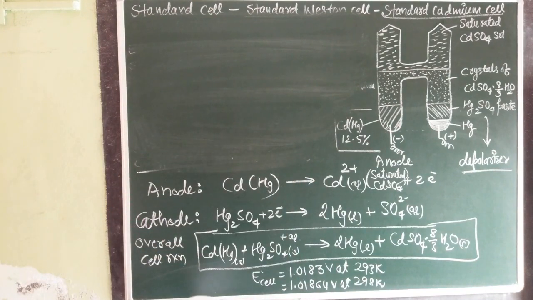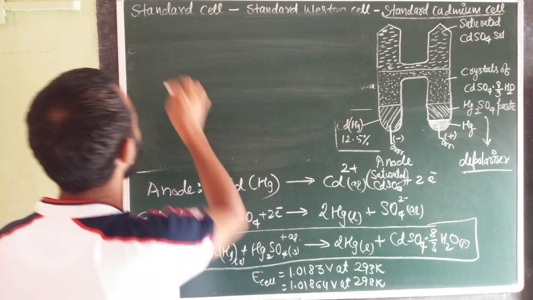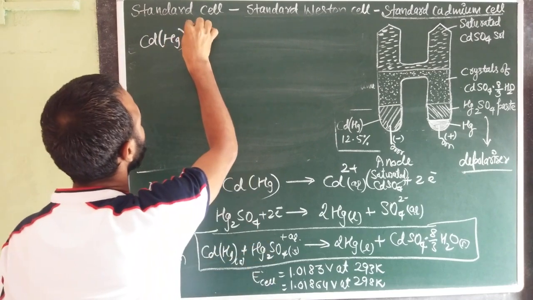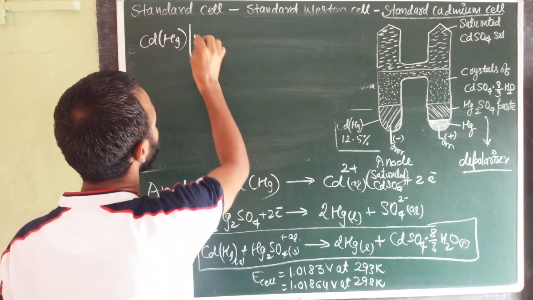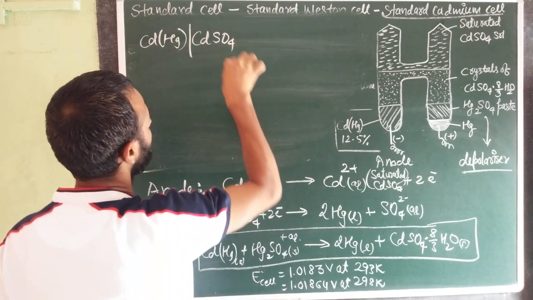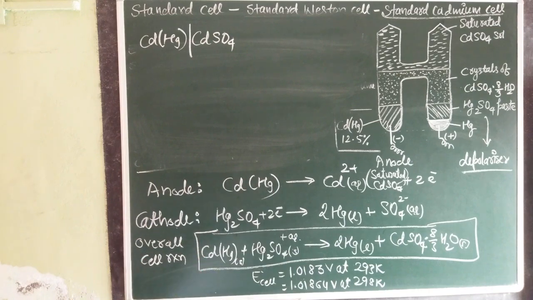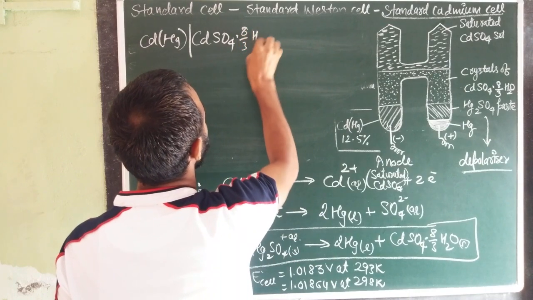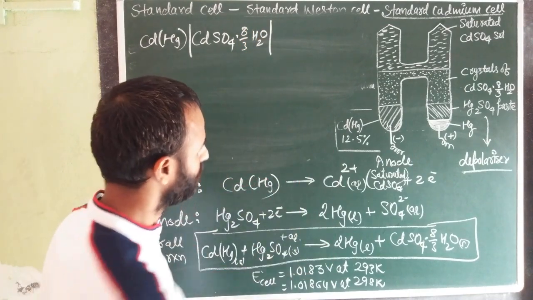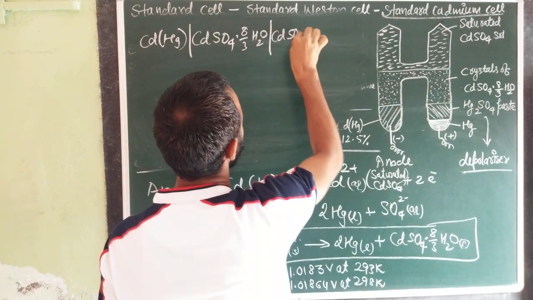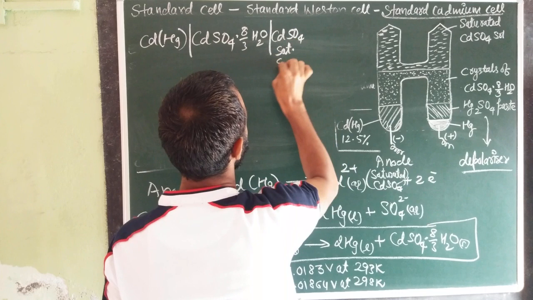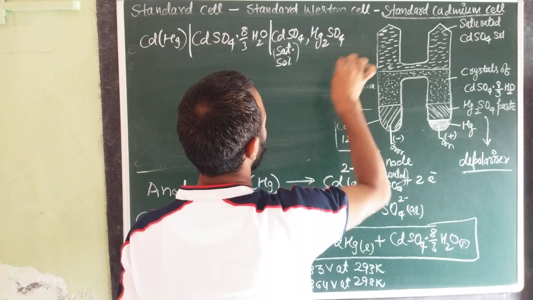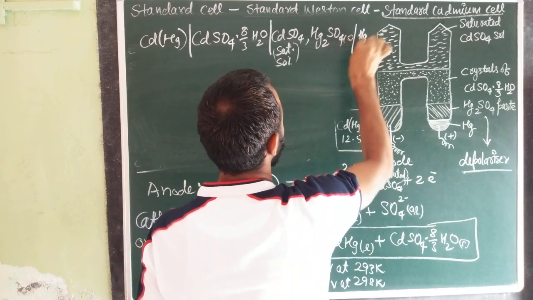Now, to represent the cell: cadmium amalgam to cadmium sulfate 8/3 H2O, then cadmium sulfate saturated solution, to Hg2SO4 solid, to Hg liquid.